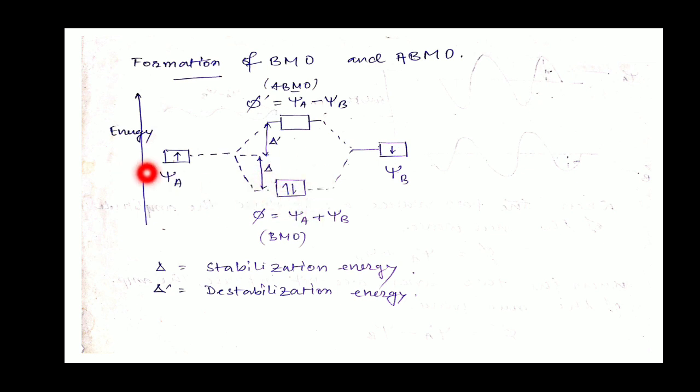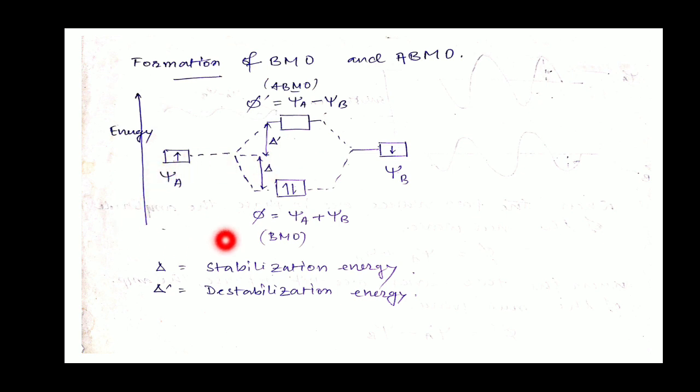Remember one thing, in this direction the energy will increase. From here to here energy will increase, and this is the atomic orbital of A, and this is the atomic orbital of B. Since the BMO has lower energy than the atomic orbitals, this means that the BMO is more stable than the atomic orbitals. And the ABMO is more unstable than the energy of the atomic orbitals taken.